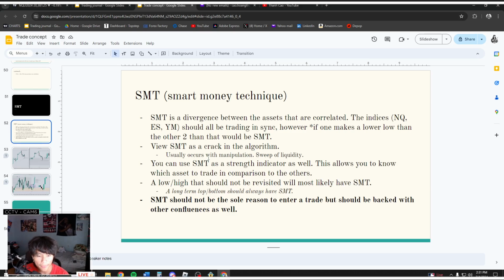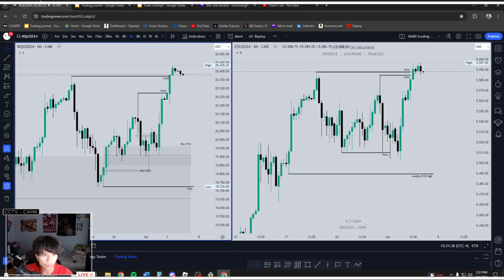And you can use SMT as a strength indicator as well. This allows you to know which asset to trade in comparison to the others. So if you were just looking at the swing, what occurred here, notice how ES swept these lows. That means ES is relatively weaker compared to NQ, because NQ didn't take out those lows.